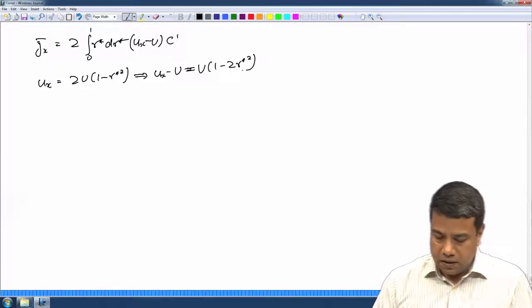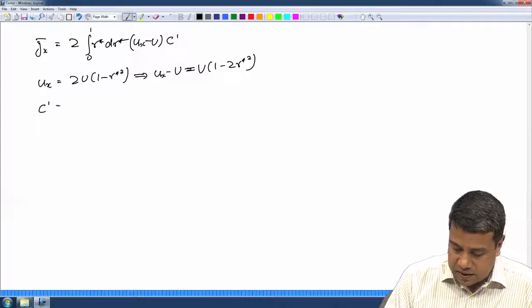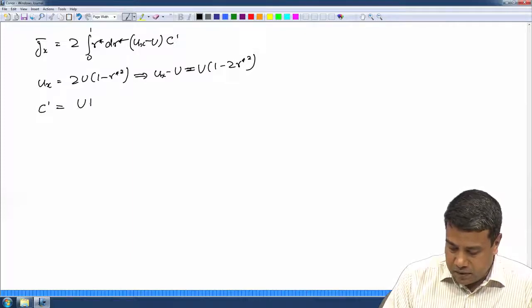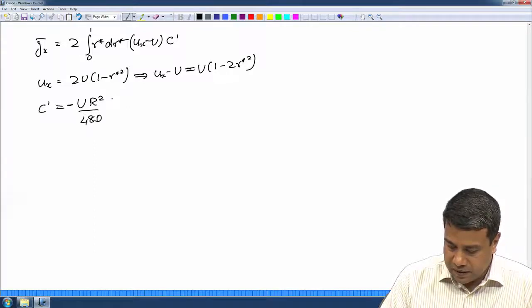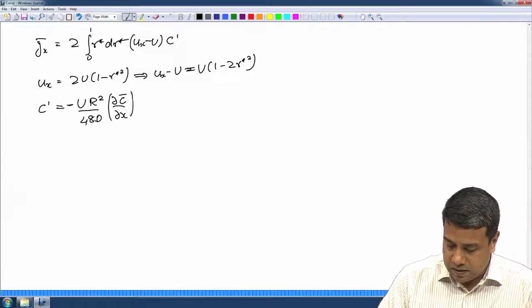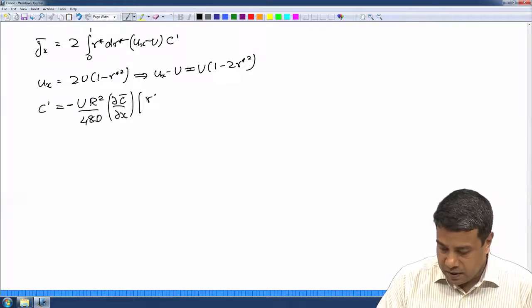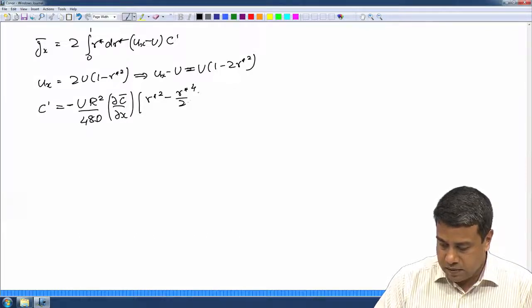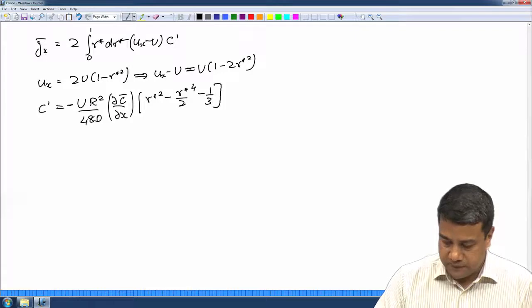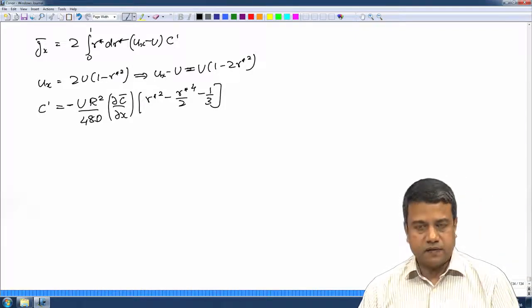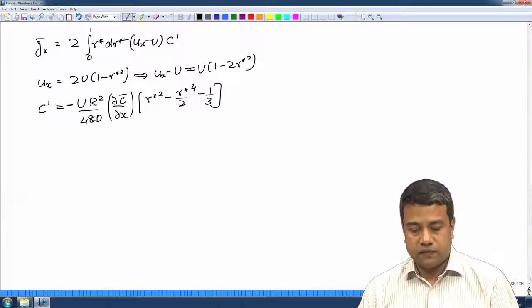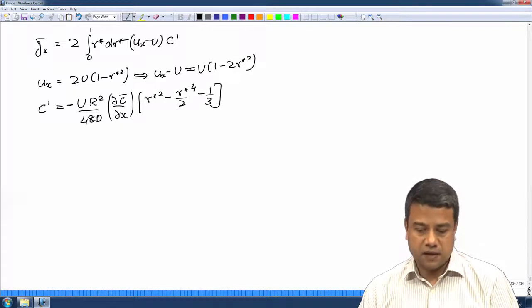The equation for C prime we had just derived: minus u r square by 48 d, into partial C bar by partial x, into r star square minus, this we had just derived. So what I have to do is to multiply these and then integrate.